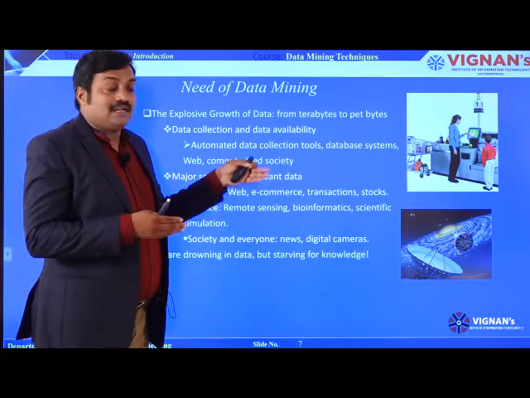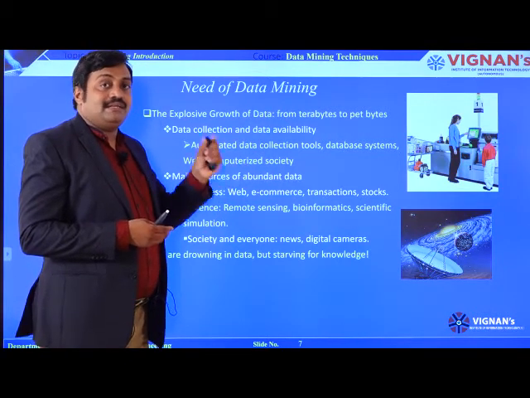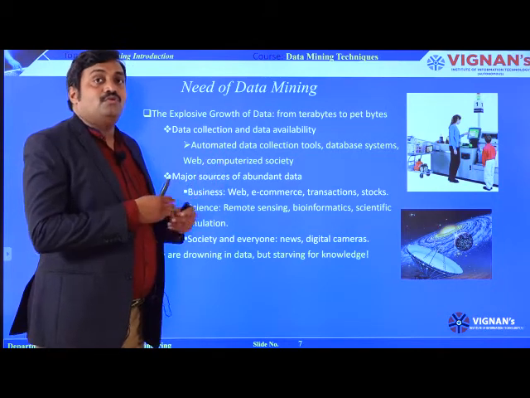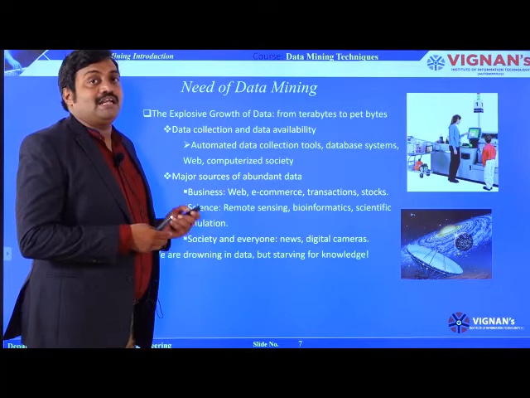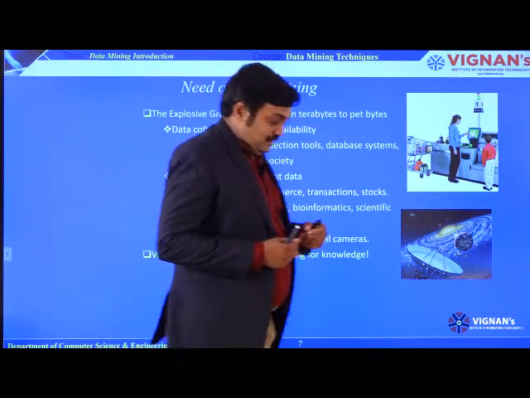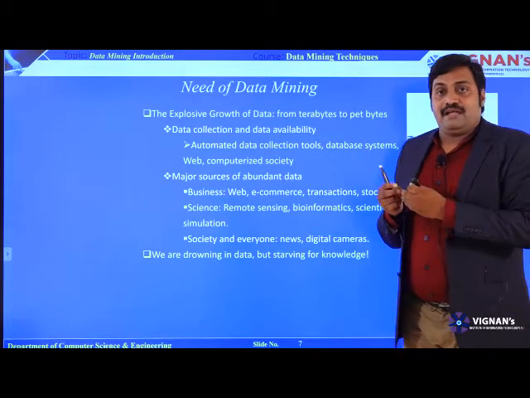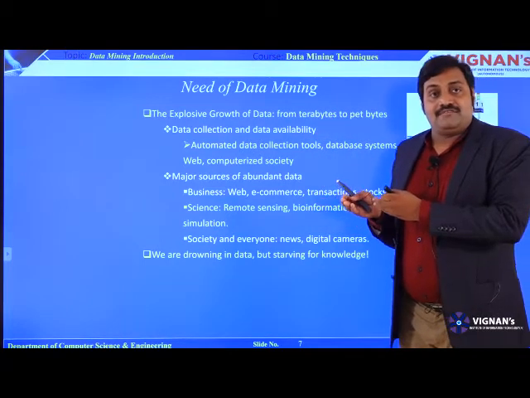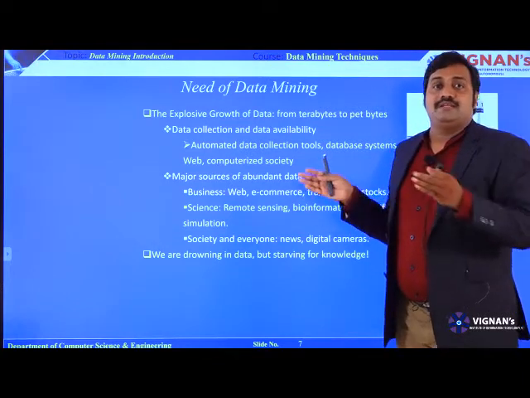We need a mechanism, a method, or an approach to analyze it. That is why we are moving towards data mining. The need for data mining is, as per our definition, extracting the hidden patterns from huge data.